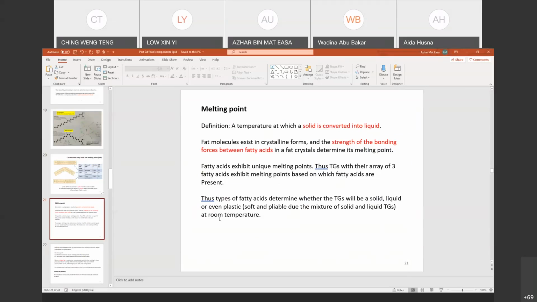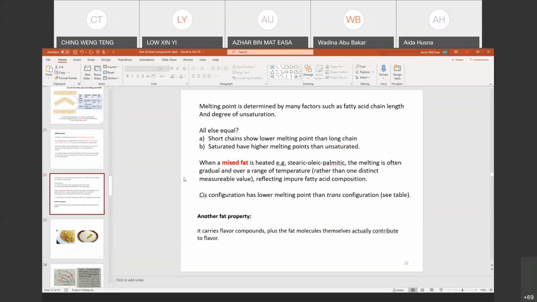The types of fatty acids determine whether TGs will be solid, liquid, or even plastic, so you can spread it like butter, like a soft spread. Melting point is determined by many factors such as fatty acid length and, of course, degree of unsaturation. If everything is equal, short-chain fatty acids show a lower melting point than long-chain.